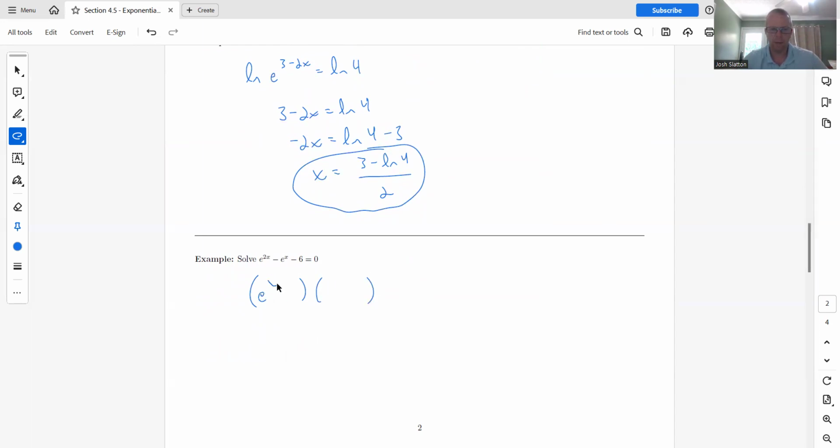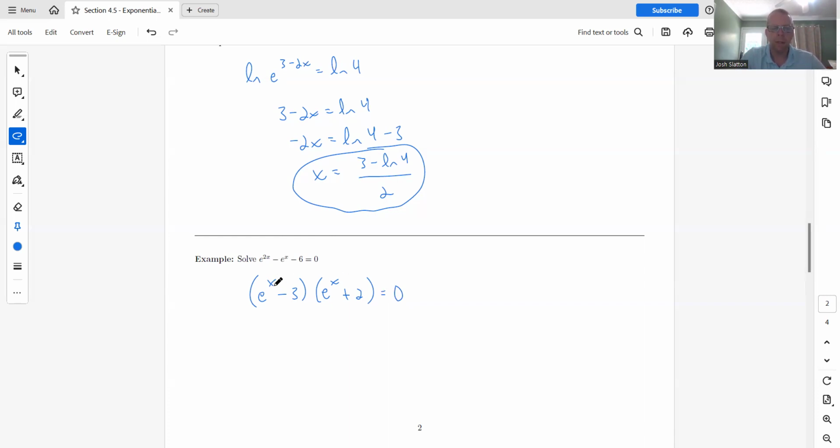We're going to have e to the x and e to the x. And so when you FOIL this, e to the x times e to the x is e to the 2x. So now we need the two factors of 6 that add to give -1, which is the coefficient there. And so that would be -3 and +2.